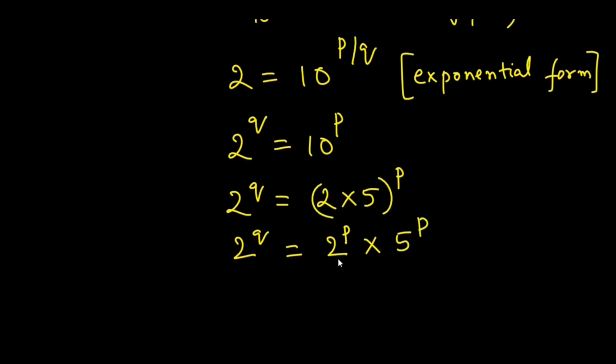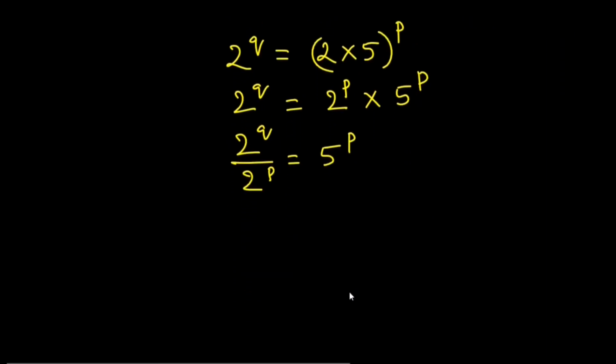Now take 2 power p to the left side: 2 power q by 2 power p is equal to 5 power p. Here it is 2 power q minus p is equal to 5 power p.